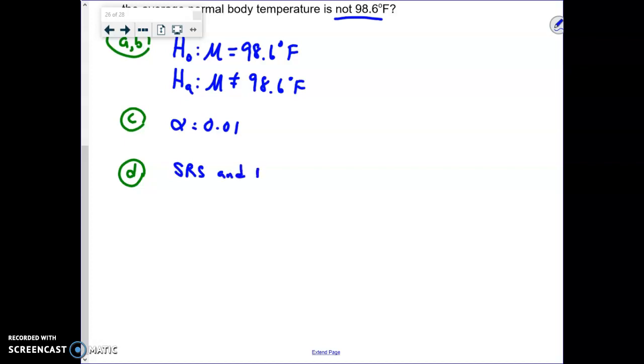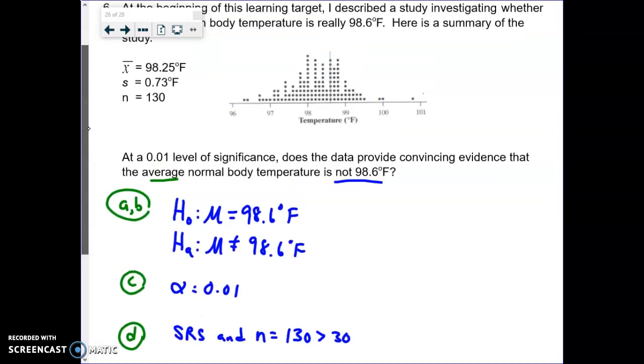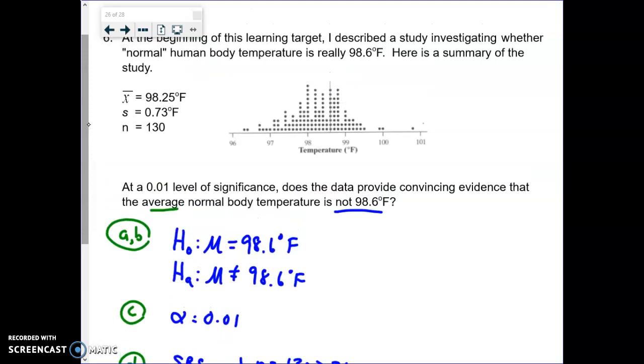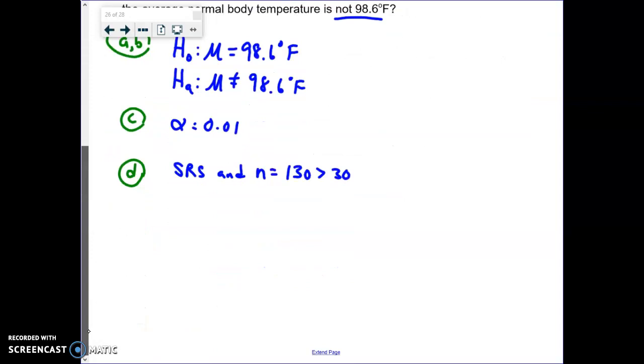And our sample size is 130, which is greater than 30, which will tell us that it will form a unimodal, bell-shaped, or symmetric distribution. Even if you look up here at the sample, you can see, as we talked about before, a fairly symmetric, normal, unimodal distribution. So the requirements are met, we're good to go.